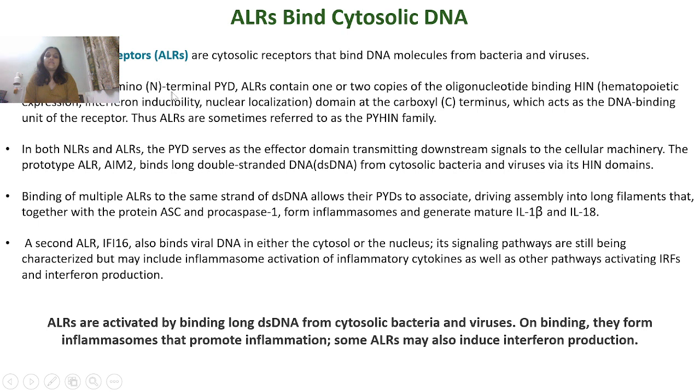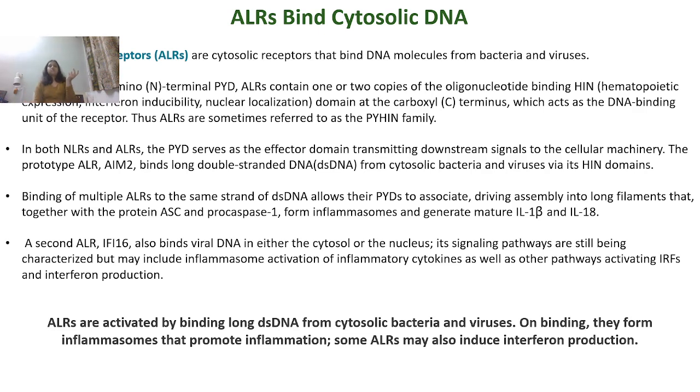They contain an amino terminal pyrin domain. They also contain two or more copies of the oligonucleotide binding domain or the HIN domain, which is hematopoietic expression, interferon inducibility, nuclear localization domain at the C terminus, which acts as the DNA binding unit of the receptor. Thus, ALRs are sometimes referred to as the PYHIN family.